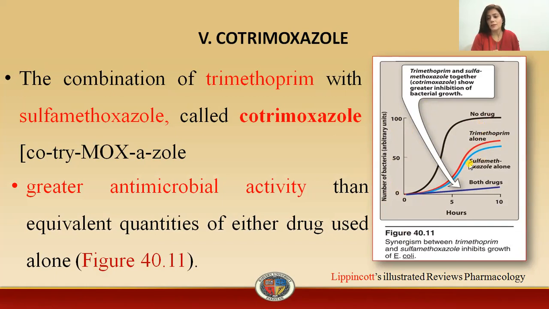When you give sulfamethoxazole alone, then there is a decreased bacterial load as compared to trimethoprim. But when you use both drugs, that is, when you are using the combination, cotrimoxazole, in that case there is a very large decrease in the bacterial load.